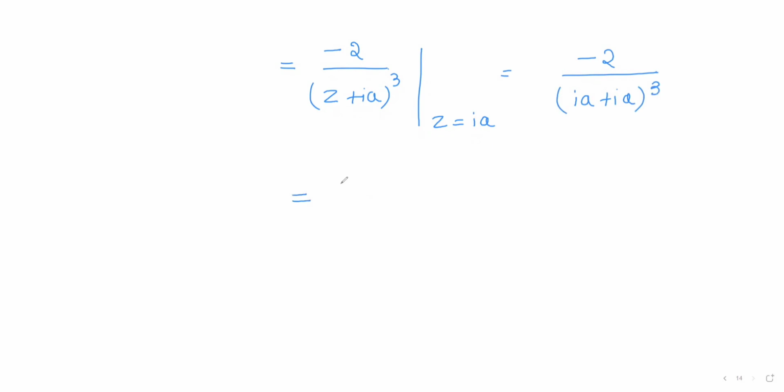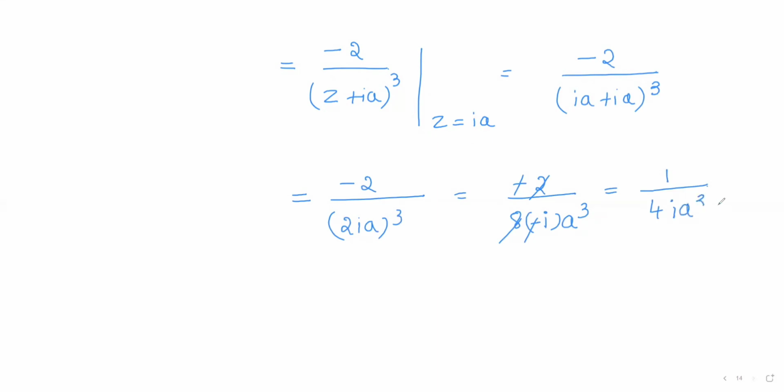So it is equal to −2 divided by (2ia)³, which is −2 divided by 8, that is 2 cube into i cube, which is −i into a cube. So minus minus gets cancelled. 2 ones are 2, 2 fours are 8. So 1 divided by 4ia³. So this will be the residue of f(z) at z = ia. So it is 1 divided by 4ia³.